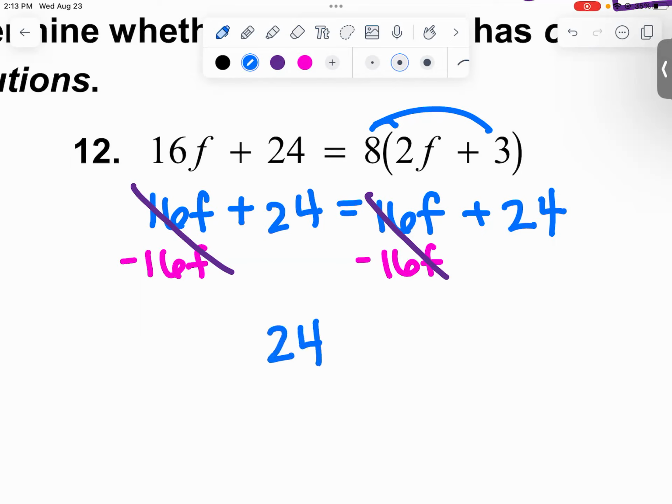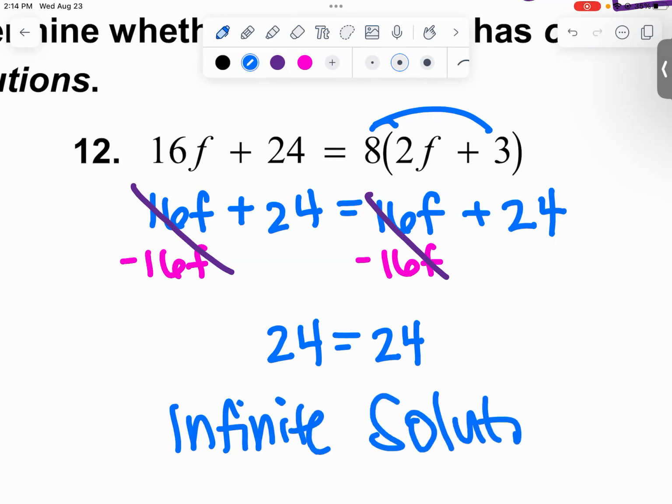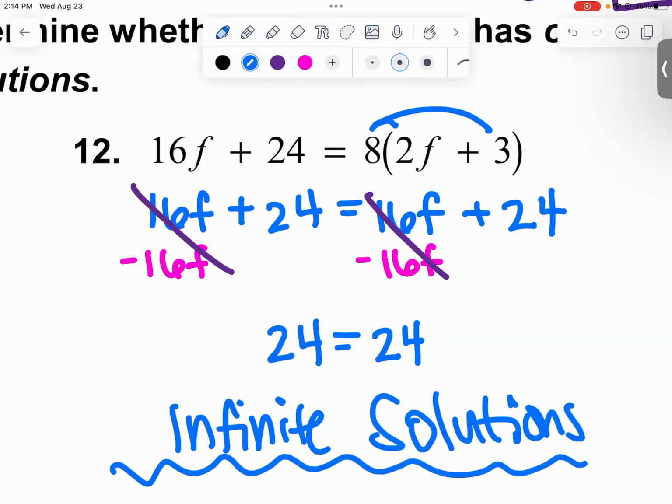And we end up with 24 equals 24. Drew, how often is 24 equal to 24? All the time, infinite. This means we have infinite solutions. You don't need to squiggle.